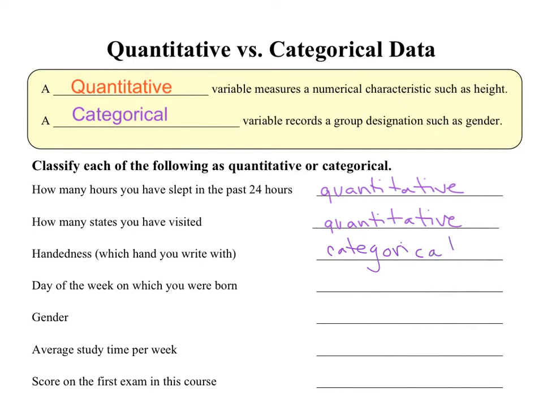The day of the week on which you were born, so that would be Sunday, Monday, Tuesday, Wednesday, so that's also putting people into groups, so that would also be categorical, into categories, if you will. Gender was the example that was up in the definition, so that would be categorical.